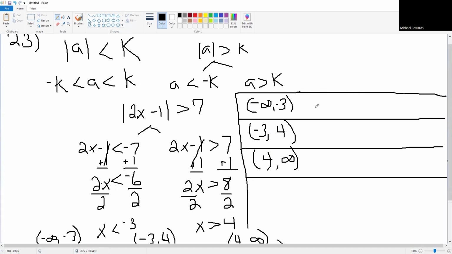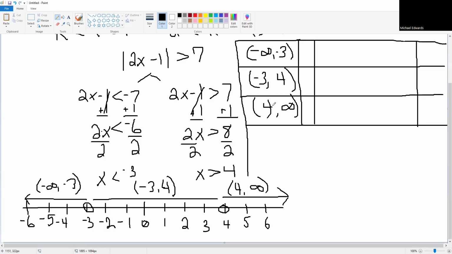I'll expand this. These are our test points and our solution checker right here. So what test point should we choose for this top one? So -infinity to -3 is here. We can't choose the critical point, but we can choose the one right next to it, which is -4.